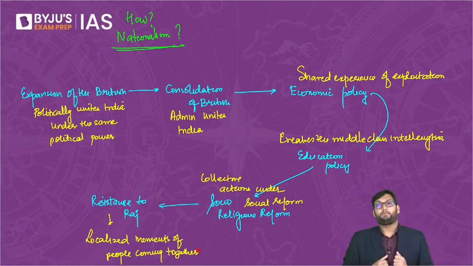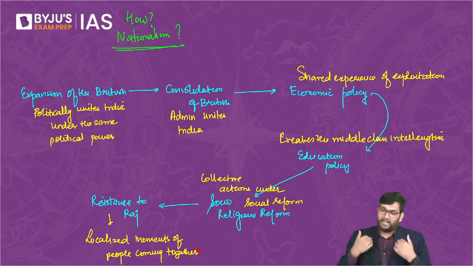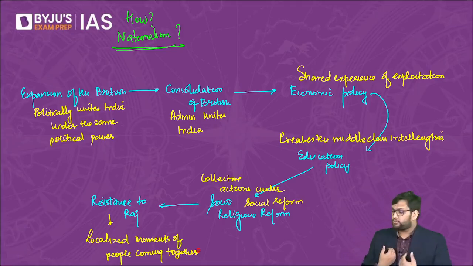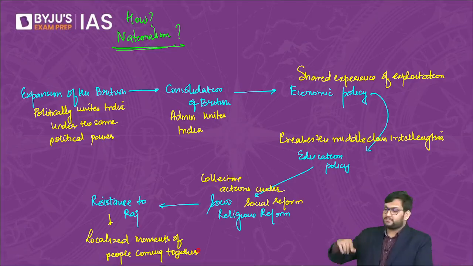So the Bengal person used to say I was also exploited. Then they used to go to Delhi and they used to say we were exploited. So the Delhi person used to say I was also exploited. So in a way, what British does is they exploit everybody. So therefore, we all gain a shared experience of exploitation.